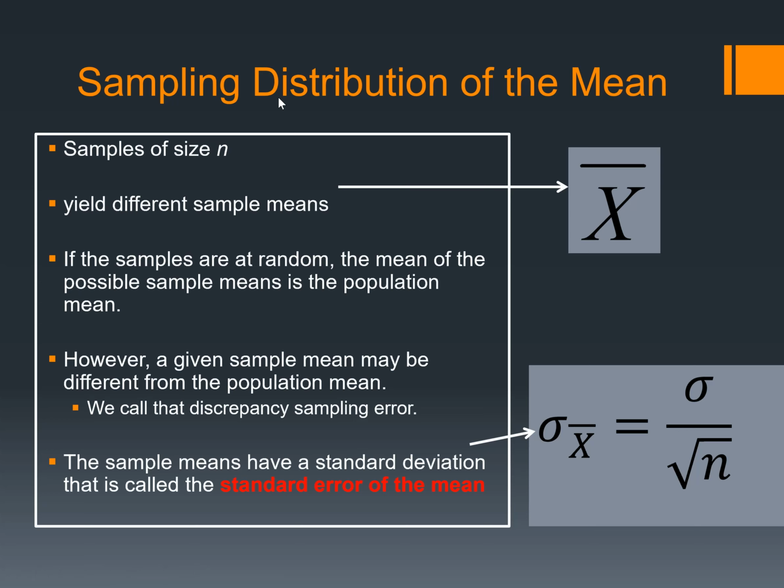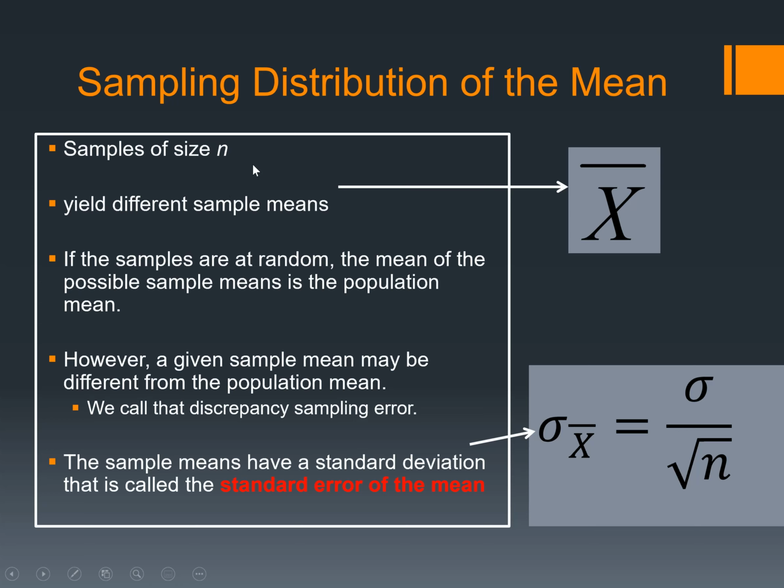So think of it in terms of sample mean, not population mean. So let's say we're taking an infinite number of samples of size n. Let's just throw out a number. Let's say the n, the sample size, is 20. Each sample of size 20 is going to yield its own mean.